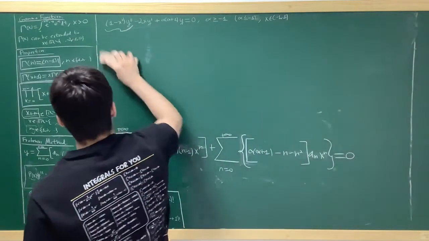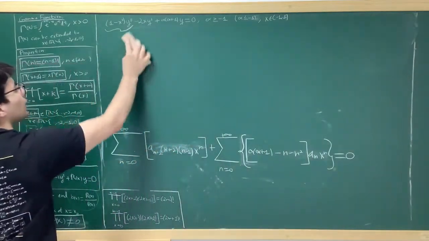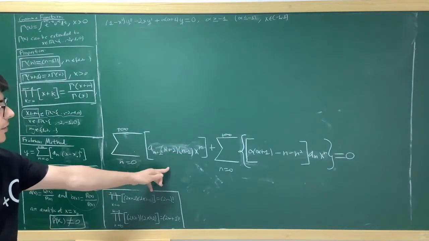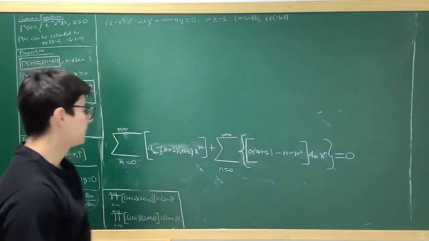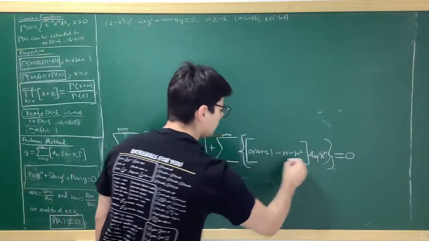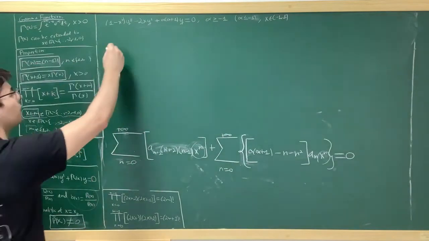So, erasing all of this, our differential equation just becomes this. Again, this series converges, and now they have this common term x to the n. So if we add them, we will get the following.